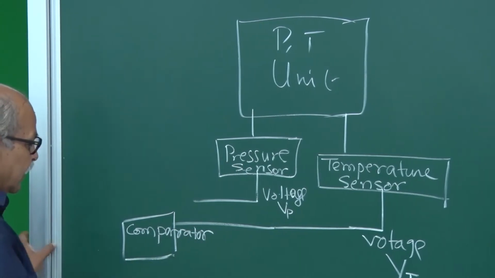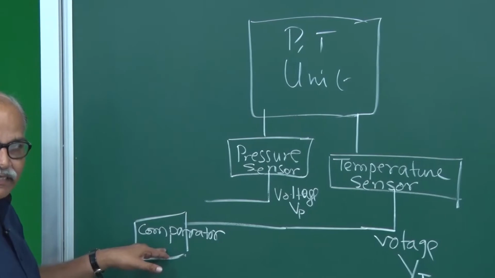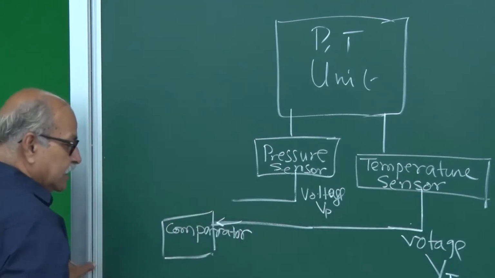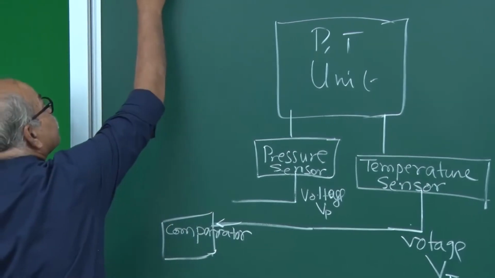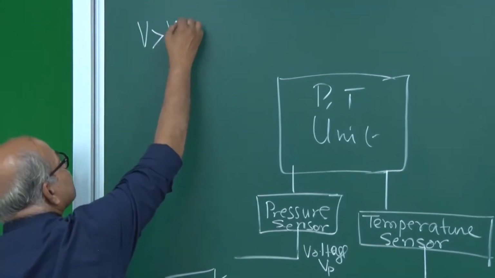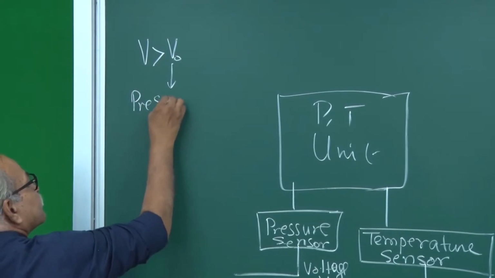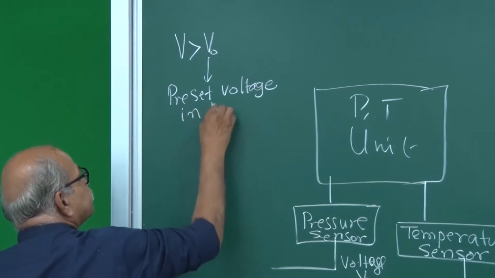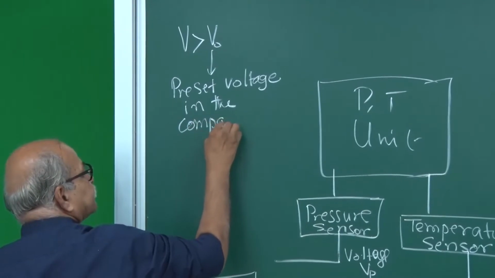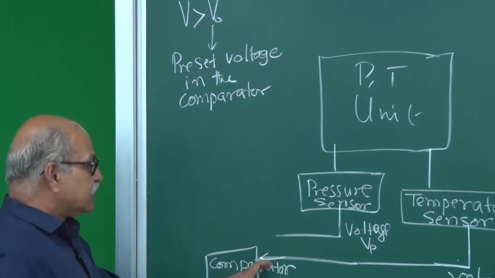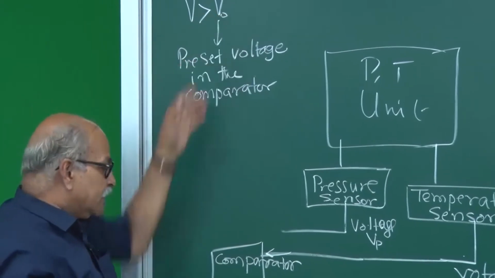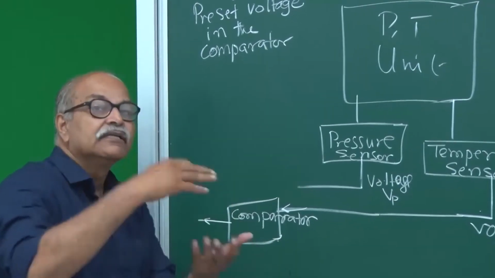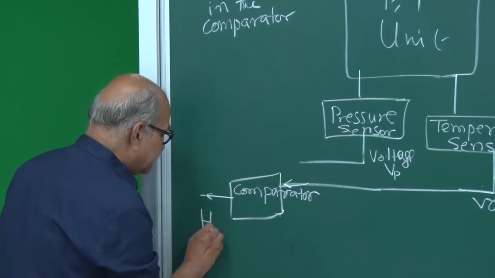This comparator circuit has some predefined voltage set, and if the input voltage which is coming from the sensor is greater than this predefined or preset voltage in the comparator circuit, it gives me an output which has a high and fixed value, let us say 3 volts. So, it gives me a 3 volt value which I will call high.